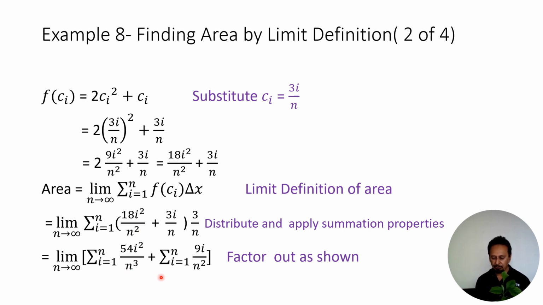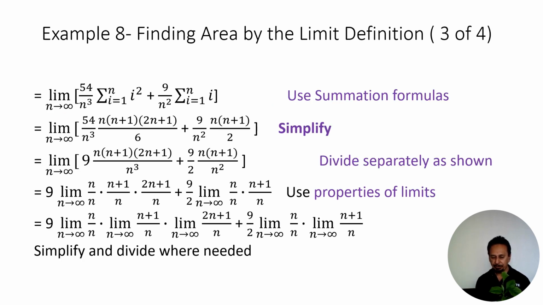Now we're going to factor out 54 over n cubed from the first summation, and 9 over n squared from the second summation. And we have this: limit n goes to infinity, 54 over n cubed, summation of i squared, i from 1 to n, plus 9 over n squared, summation of i, i from 1 to n.